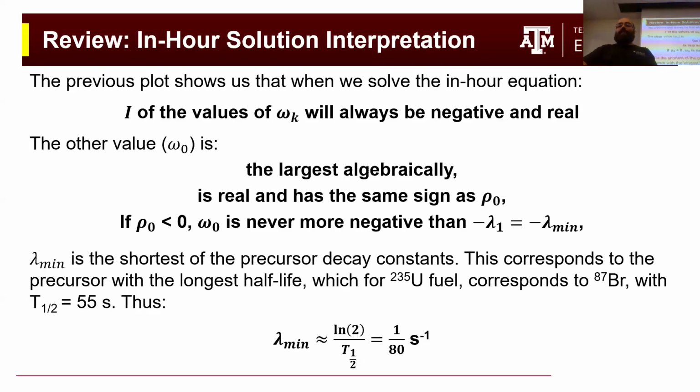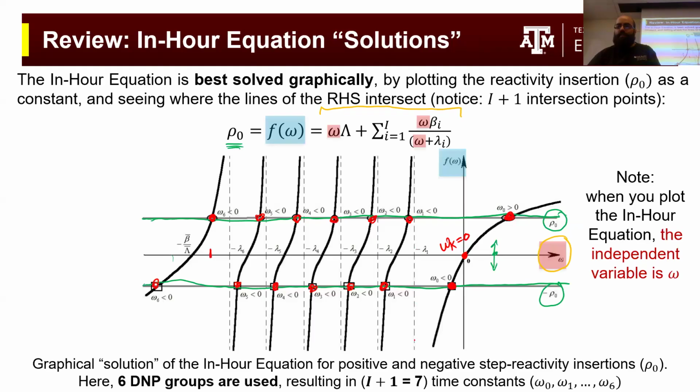And if the reactivity insertion is negative, then this time constant hits this vertical asymptote, so I'm talking about this line right here. This vertical asymptote corresponds to the lambda 1 decay constant, the decay constant for our type 1 delayed neutron precursors.